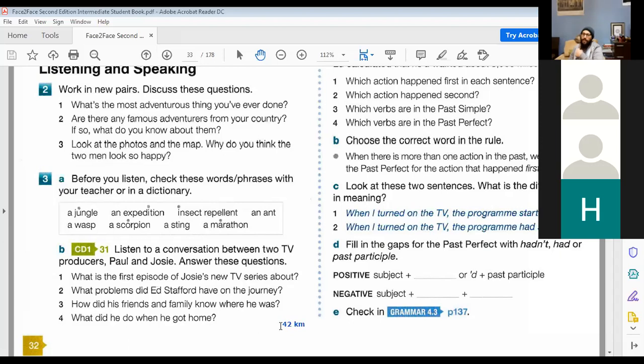But how did his family and friends know where he was? How did they know he was still alive? He blogged because he didn't have Libyan internet. Yeah, so he had real internet, so he was able to blog. He was able to blog and answer his messages even in the middle of the Amazon jungle.